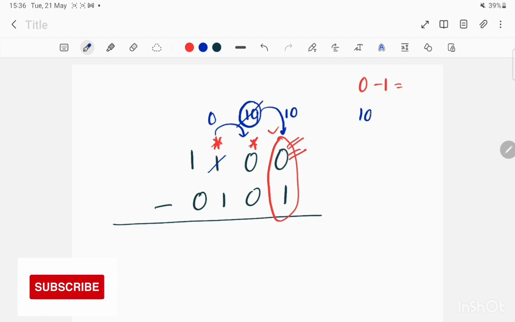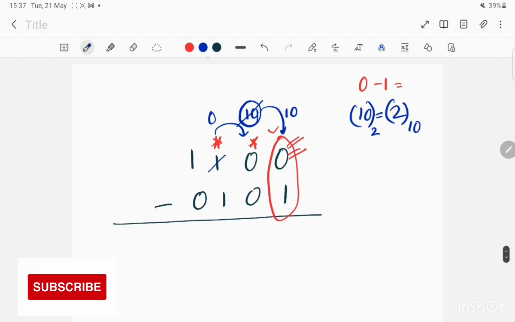Now 1 0 is nothing but 2; 1 0 in binary is nothing but 2 in decimal. So here what happened? From 2 you have taken 1 to this position. As a result, here we are left with 1, so instead of 2 we have only 1, and here we have 1 0.